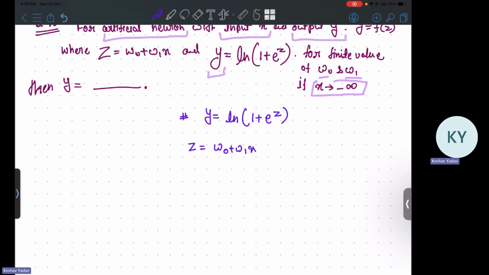Now when x tends to minus infinity, my z will also tend to minus infinity. It means my y will be equal to ln of 1 plus e to the power minus infinity.